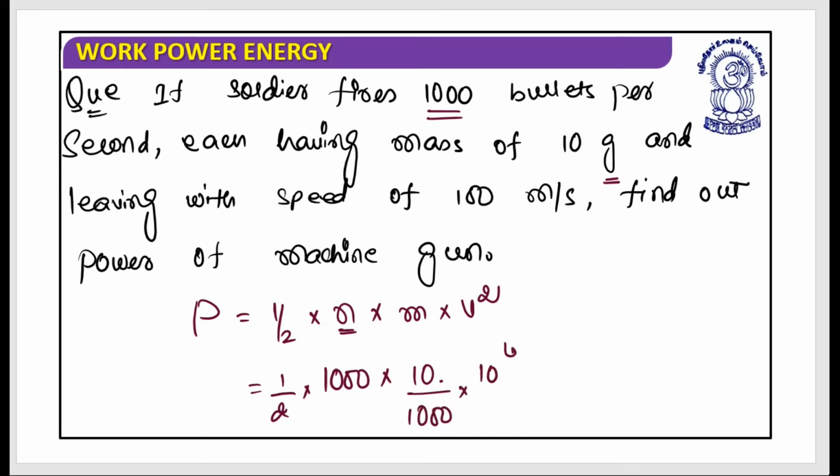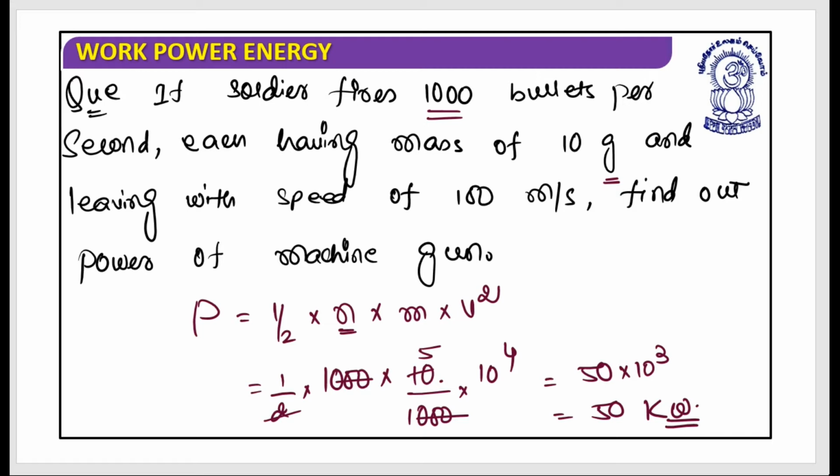So this is 10 to the power 4. This 3 has gone, this 3 has gone, this is 2 5s, and that should be equal to 50 into 10 to the power 3, or I should say it's 50 kilowatt. This is the power required if you want to fire 1,000 bullets per second from your machine gun. Yes, I hope this is clear.